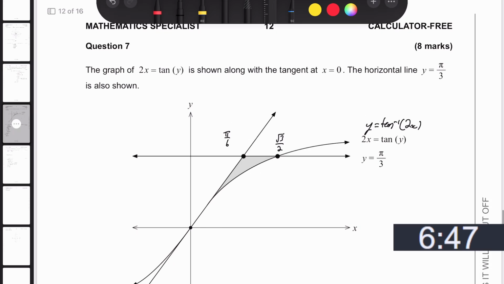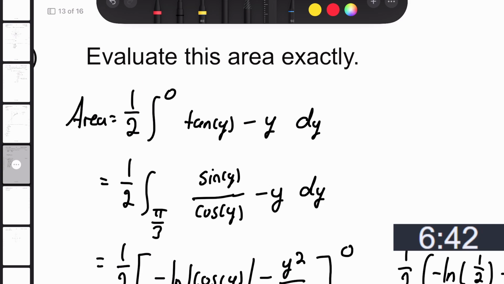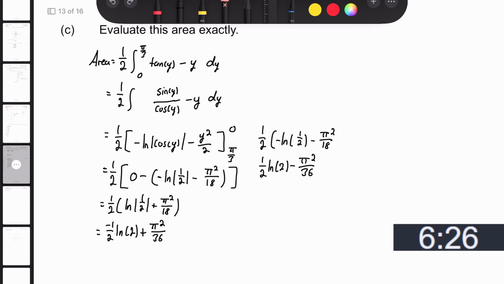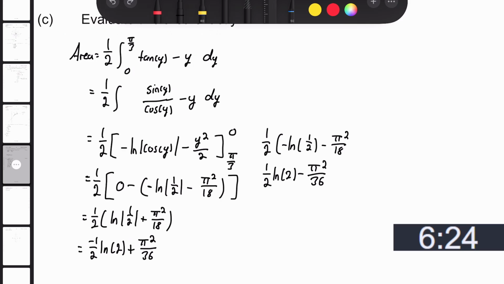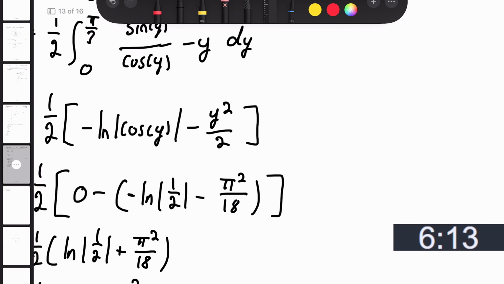Maybe I should just go 0 to pi on 3. So I'm not sure if this is going to be positive or not. That's going to be negative 1/4. I think I'll just go 0 to pi on 3.